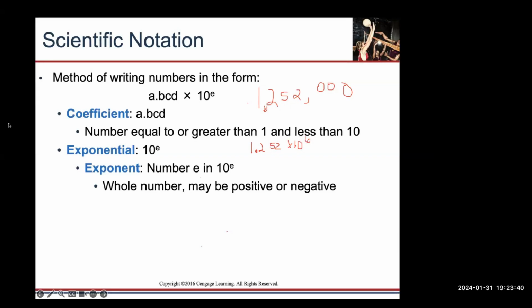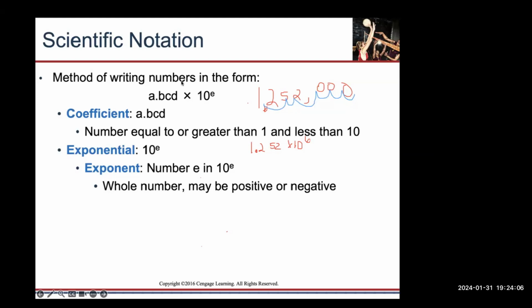So when we look at these numbers, we're going to start where the last zero ends, and then we're just going to count 1, 2, 3, 4, 5, 6. So then that gives us the number for our exponent, okay? So this allows us to do scientific notation.